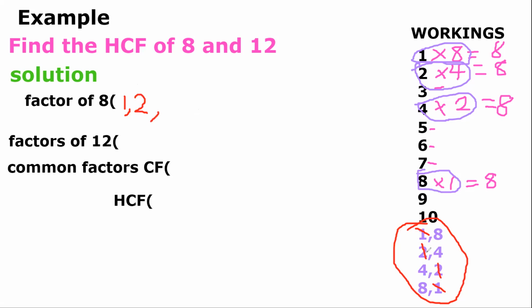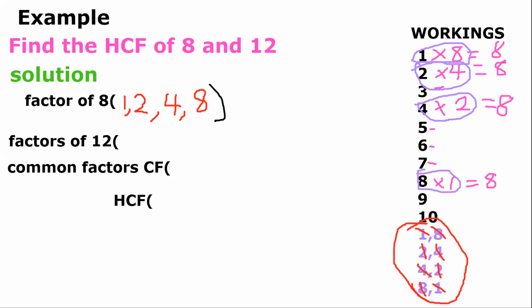Correct. Then the immediate number is 4. Okay, 4. Good. Then 8. Then you close the brackets. Now these are the numbers that can divide 8 equally. So the factors of 8 are 1, 2, 4, and 8.